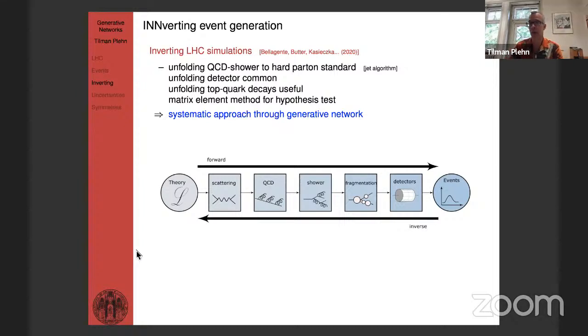That is just because inverting Monte Carlo simulations is extremely hard. It's in principle possible, it's an inverse problem, you can solve it. However, it is extremely hard numerically, because for every random number you call, you have to basically do an unfolding step. So in practice it's extremely hard.